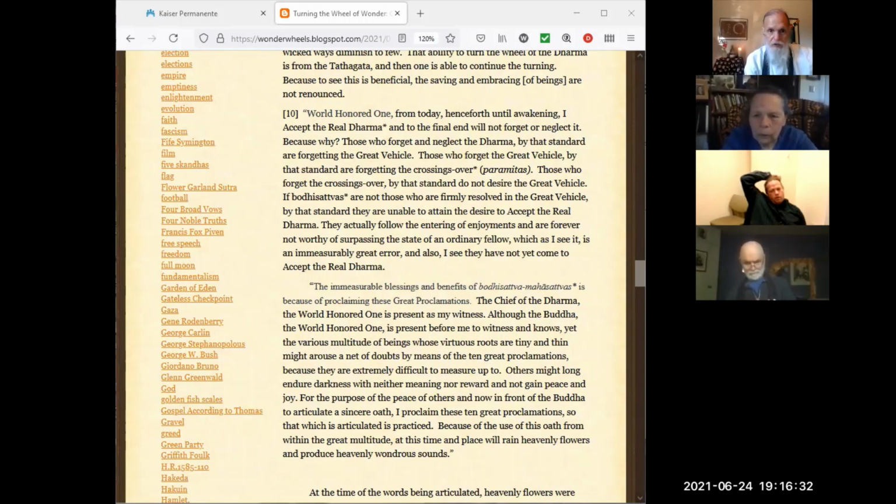What I have here for the crossings over is because the word paramita literally means the other side, the far side. So I want to emphasize the verb nature of the paramita.